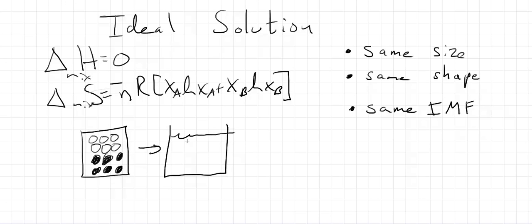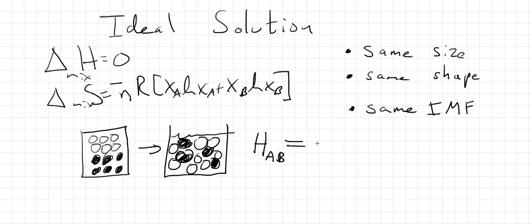So if we allow them to mix so that in some cases we've got unlike together, and in some cases we've got like together, something like this. If we allow them to mix, what we've done is replace London interactions and London interactions with London interactions. In other words, we've made intermolecular forces that have the same energy or enthalpy as the ones that we've broken. So we can say that the unlike IMFs are equal to the average of the like IMFs.